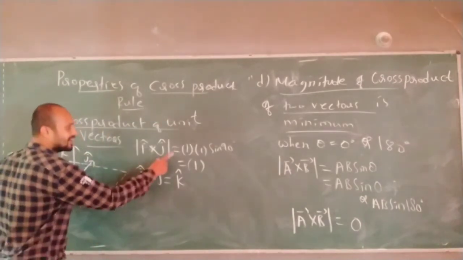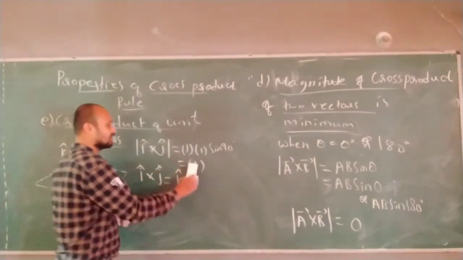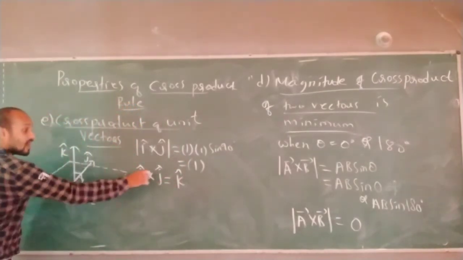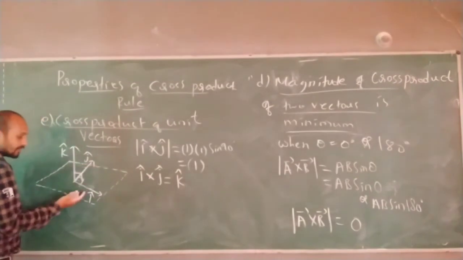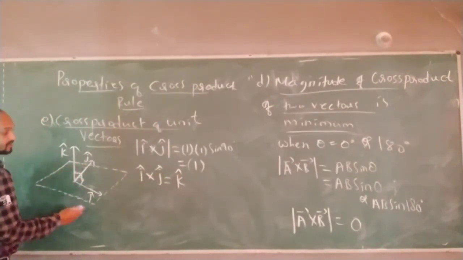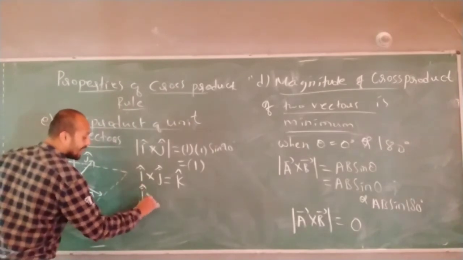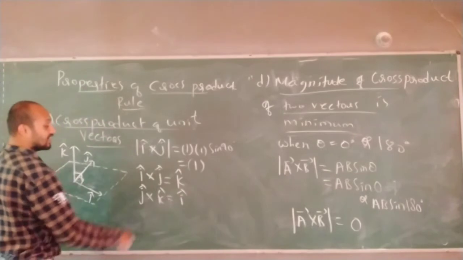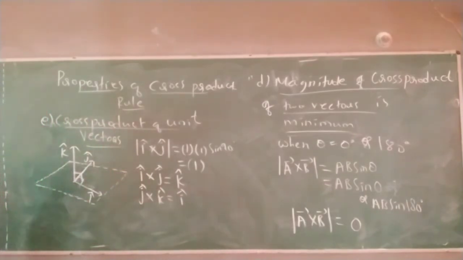So the magnitude is always 1 for everything, and I am giving the direction. i cross j will become k, and j cross k will become i.